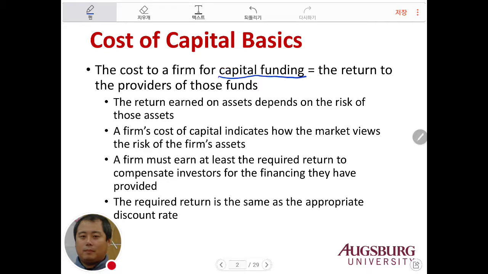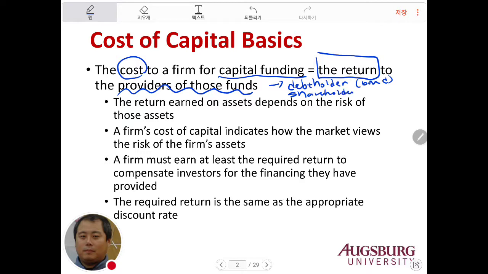It's basically the cost for the firm, and the cost for the firm is the same as the return to the investors, the providers of those funds, who are debt holders, liability holders, bond holders, right? And shareholders, they are stockholders.